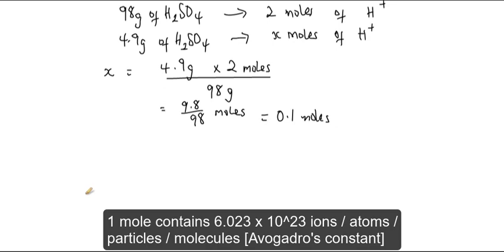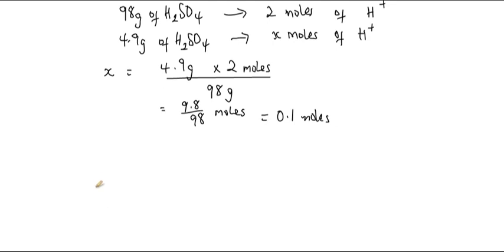It can also be particles, atoms or molecules, depending on the question given. Avogadro's constant is just 6.023 times 10 raised to the power 23. So whatever we'll be having in front of it, whether ions, molecules, particles, or atoms, will depend on the question given.